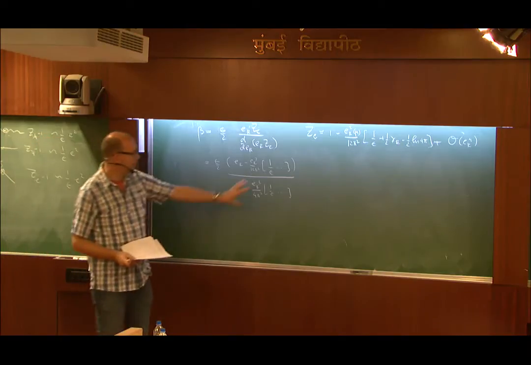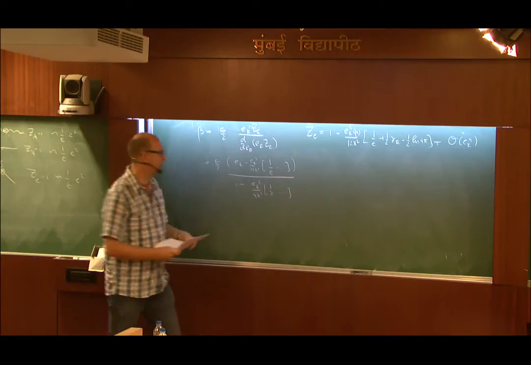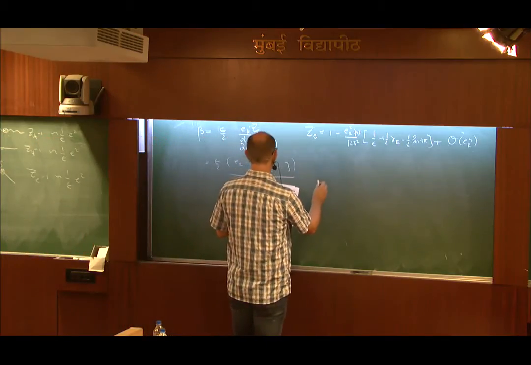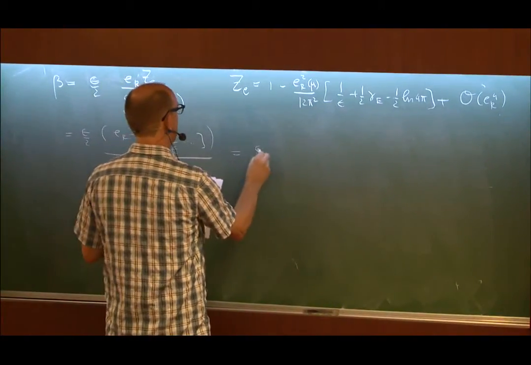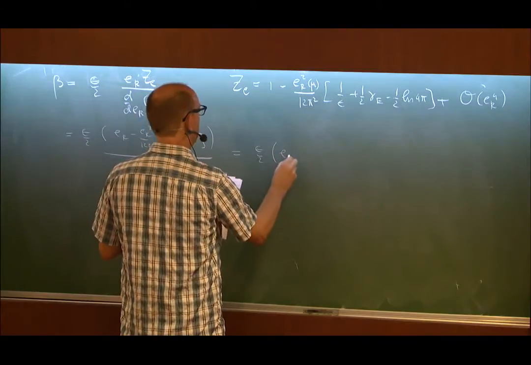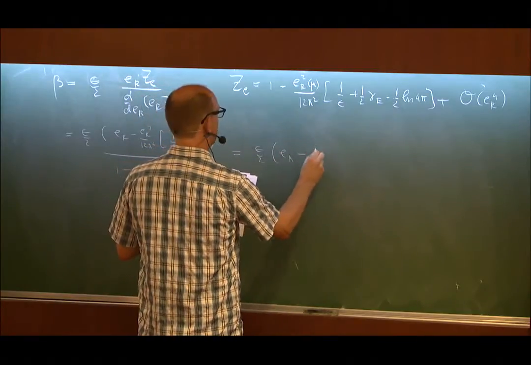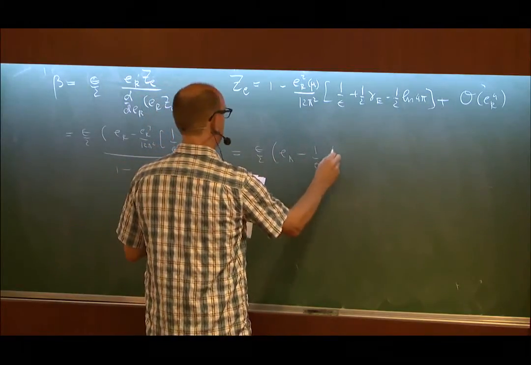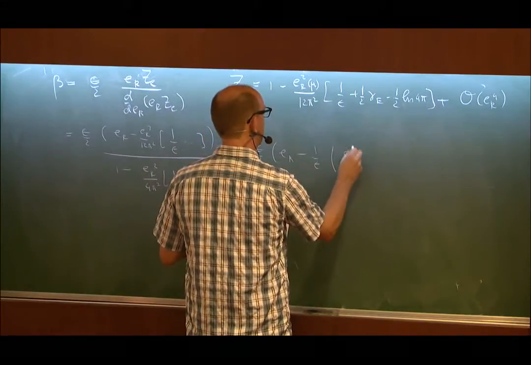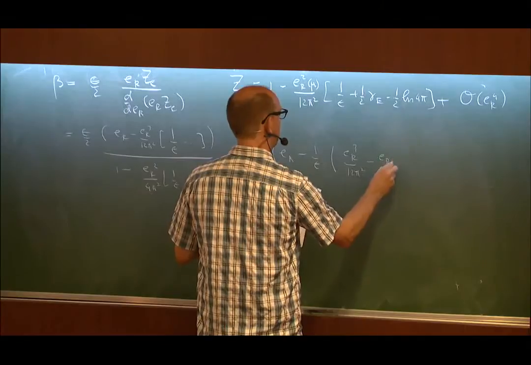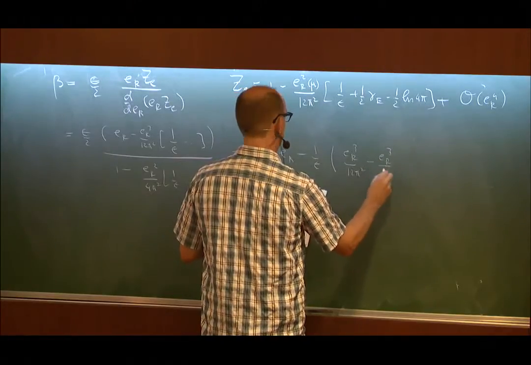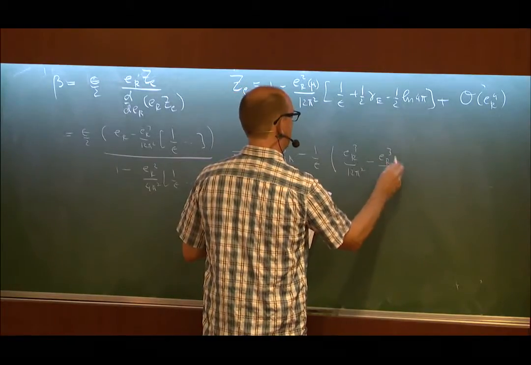Now I expand this upstairs. I get then epsilon over 2 times e_R minus 1 over epsilon e_R cubed over 12 pi squared. I'm being quite explicit now. Cubed over 4 pi squared plus finite.